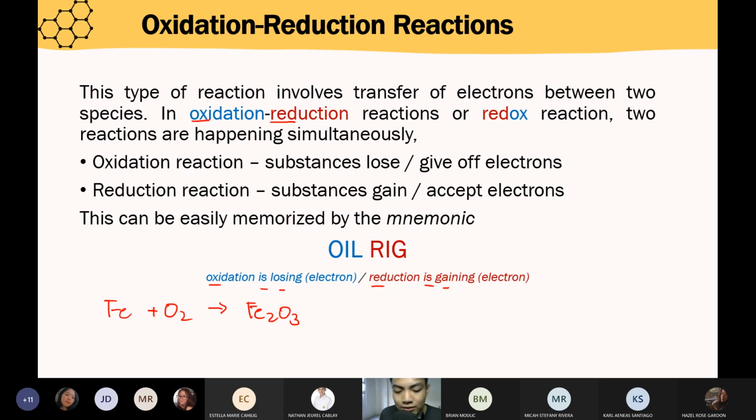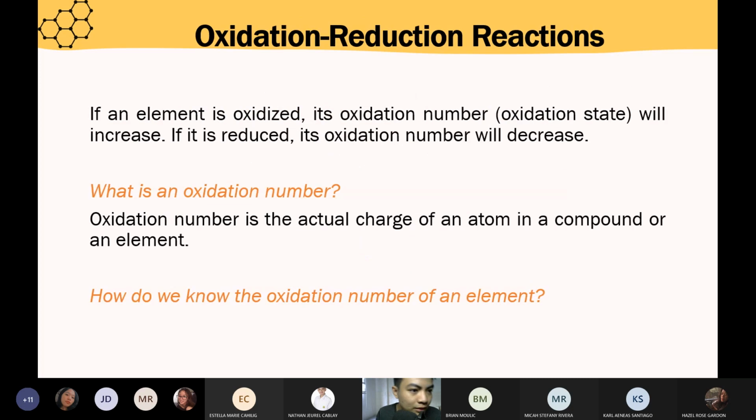So, ito yung question. How will you know if your atom loses or gains electrons? You can determine that by using their charges. But the more exact term we use in redox reaction, hindi yung charge ng atom, we call it the oxidation number.